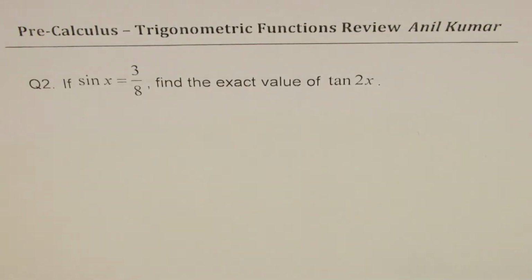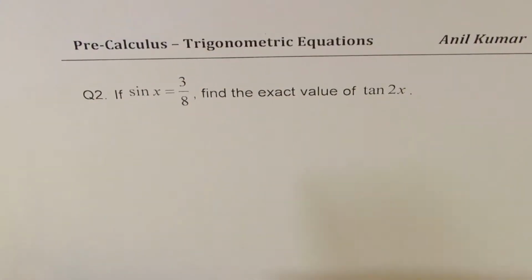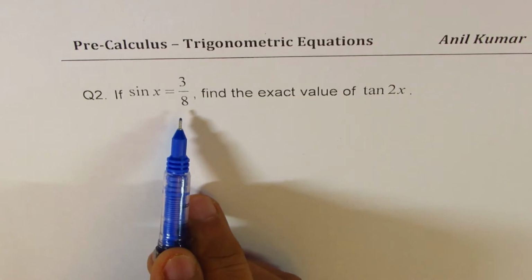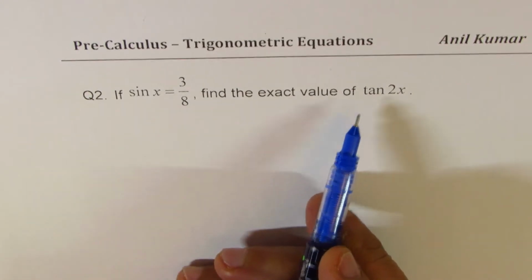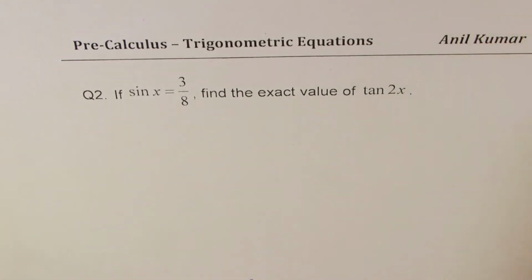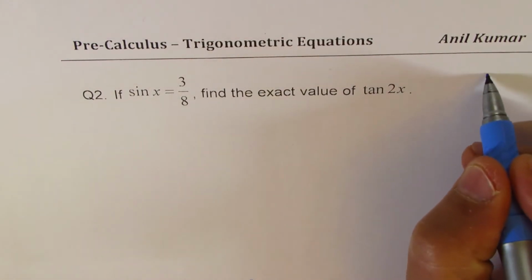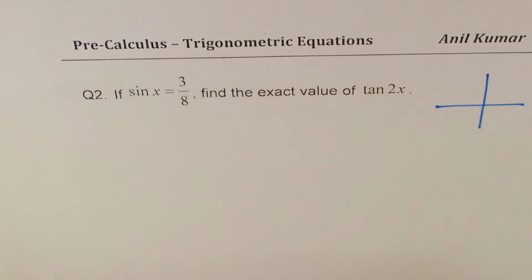Now let's take up the next question, which is if sin x equals 3 over 8, find the exact value of tan 2x. Now sin x is positive in quadrant 1 and in quadrant 2. Let's think about it. So what we have here is sin x positive.